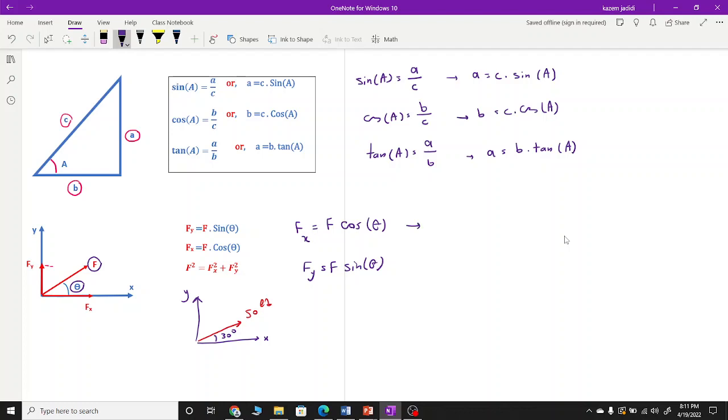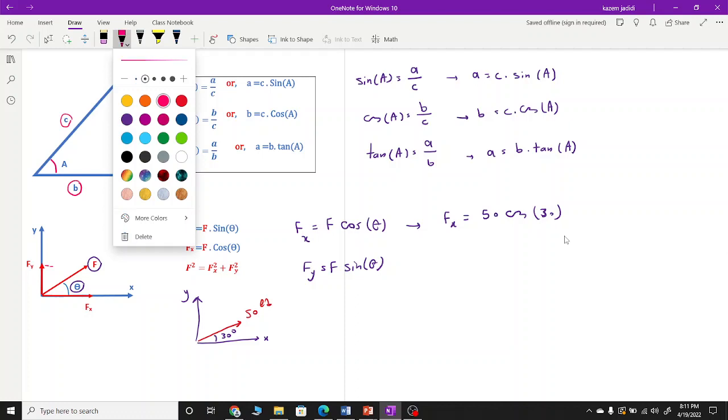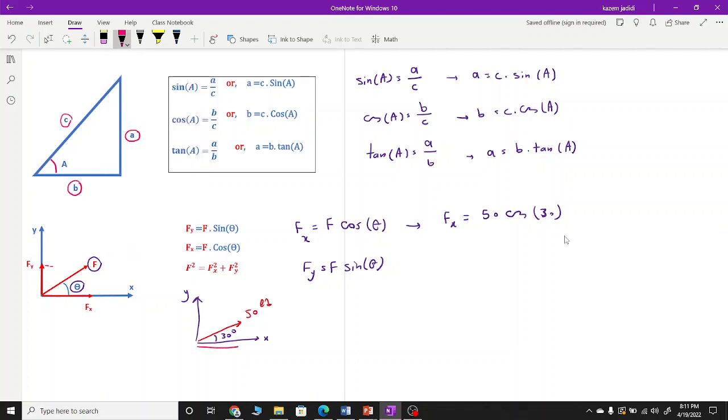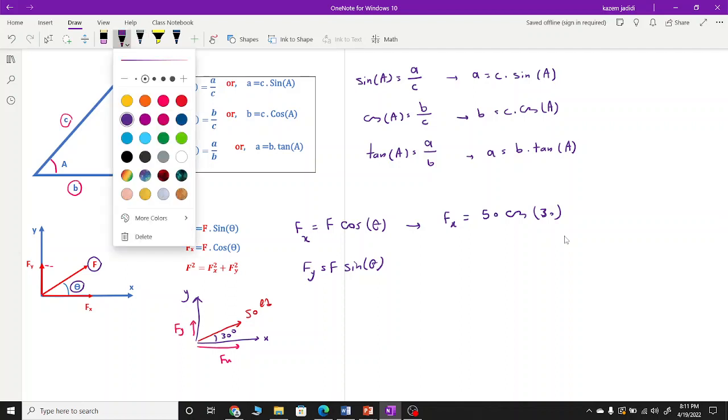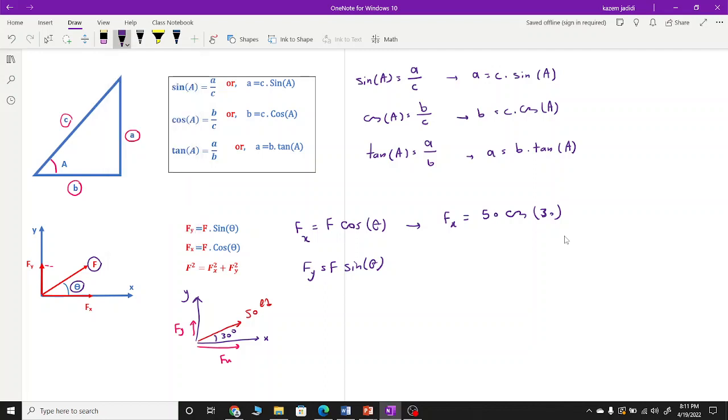From this equation, I can say that Fx is 50 pounds times cosine 30 degrees, because Fx is adjacent to the 30 degree angle. This is our Fx, and this is going to be our Fy, and Fy is going to be the opposite. Don't forget, this Fy is equal to this Fy. That's why it's the opposite side of theta.